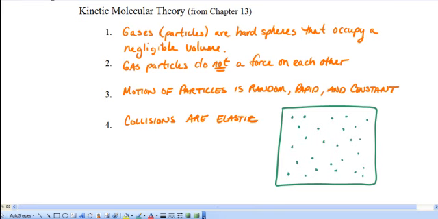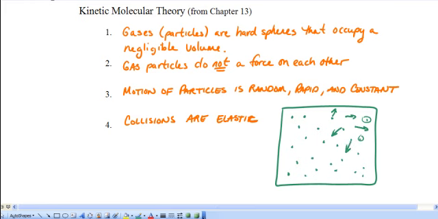They also do not exert a force on one another. So if this particle is moving in this direction, this gas particle and this gas particle are not going to steer it one way or the other because they're attracted to it, nor are they going to slow it down as it approaches the container wall. So that's one of the assumptions that we're going on, is that they do not influence one another. Also, these particles are moving in a constant and rapid random fashion.